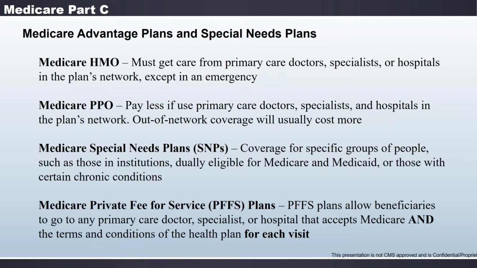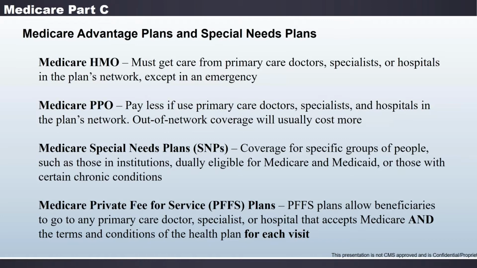And then there's one called, well, Medicare itself is a fee-for-service plan. You can get an Advantage plan that is called the private fee-for-service plan. And this allows the beneficiary to go to any primary care doctor, specialist, or hospital that accepts Medicare and accepts the terms and conditions of the health plan for each visit.